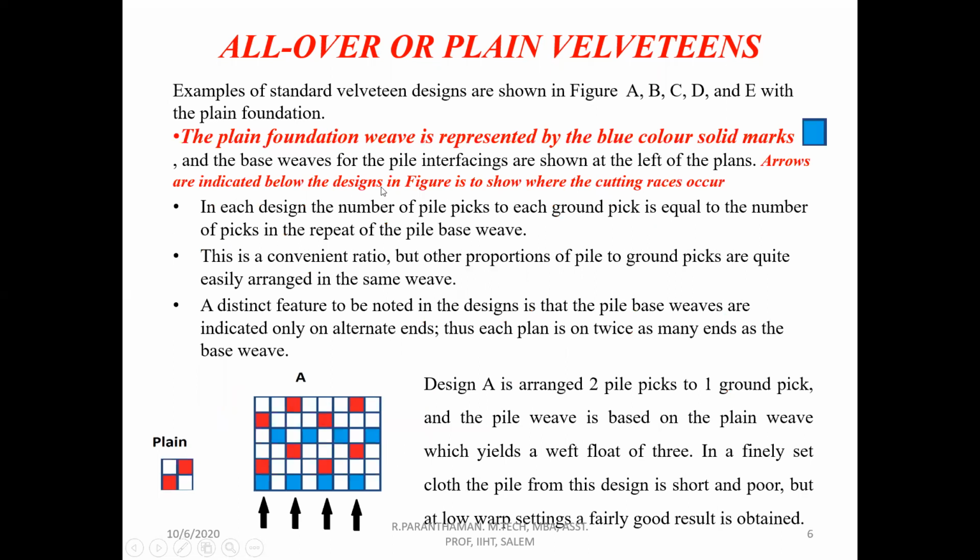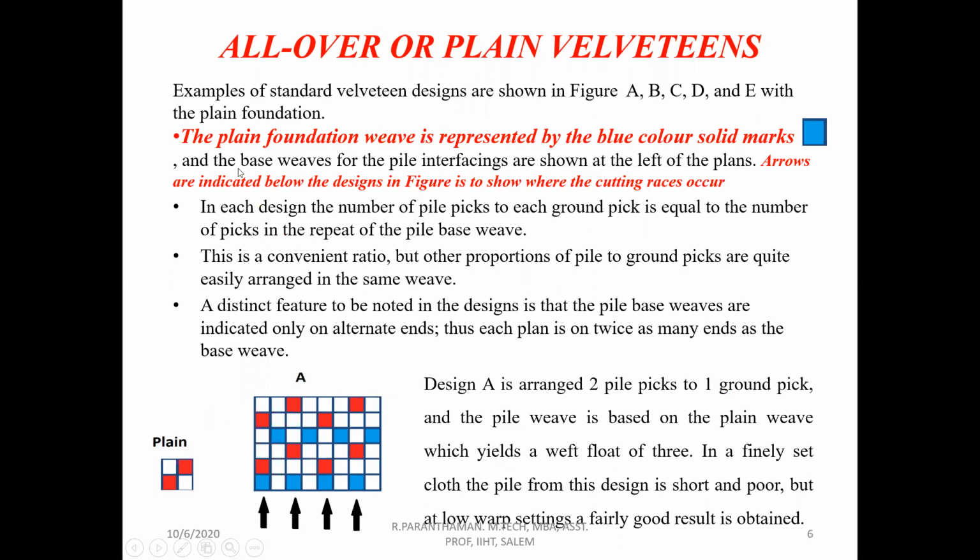Next, we are going to see some examples in this section. So these are the standard velveteen designs. Here, the plain foundation weave is represented by blue colour solid marks. That is, the ground weave is plain weave, indicated by blue colour solid marks.